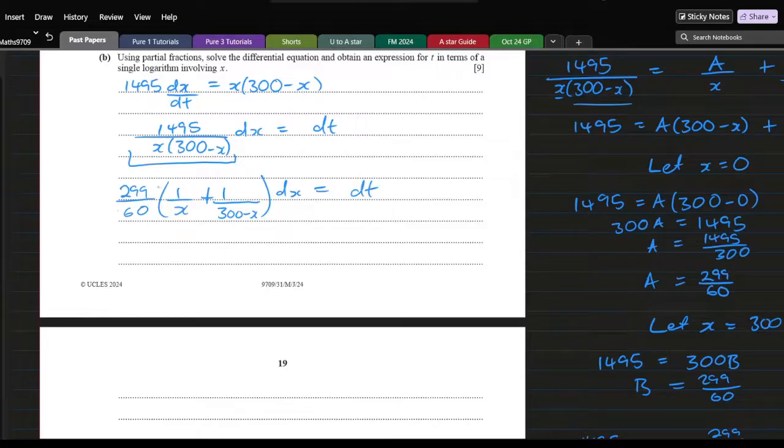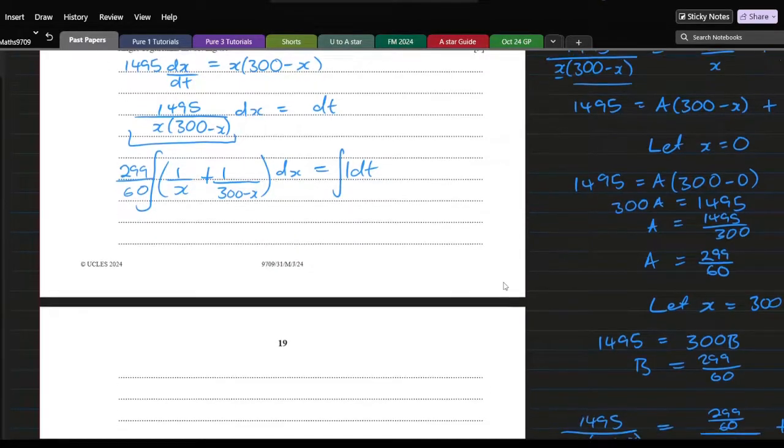And now we have to integrate both sides. I'll take our 299 over 60 outside of our integral sign, and then here we are integrating 1 with respect to t. So let's integrate both sides.